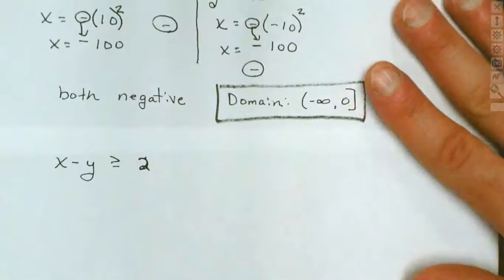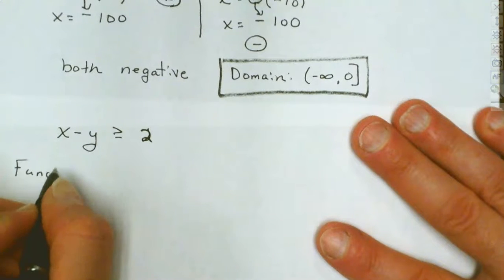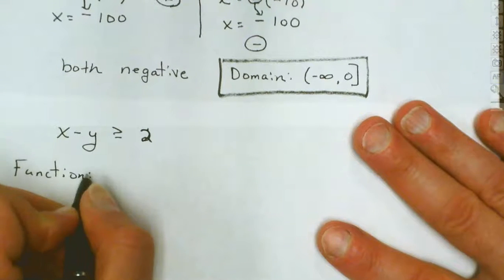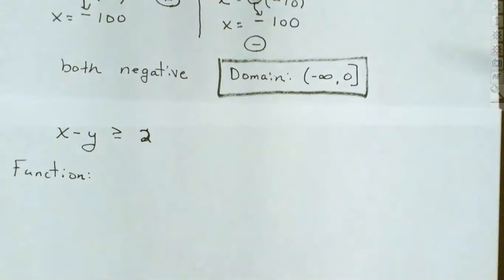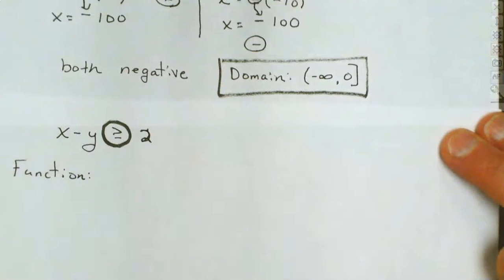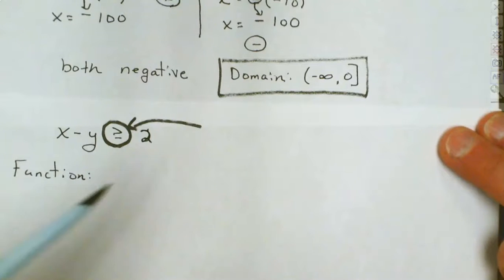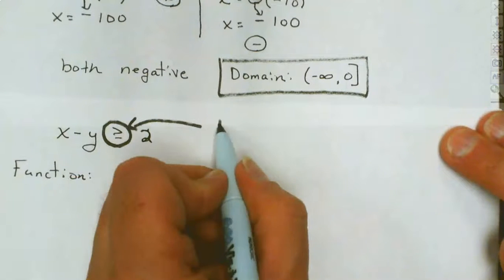Okay, so this one again is not a function. Now, what makes it not a function? We kind of talked about it a little bit in our definition, but it's not a function because of that inequality.